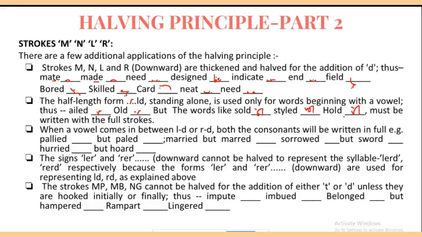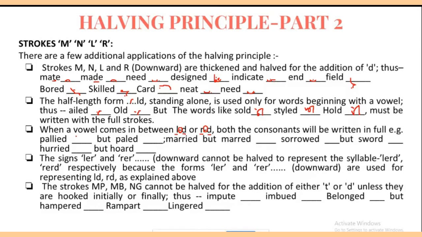When a vowel comes in between L and D, L downward and D, R downward and D, when they are halved, both the consonants will be written in full. When there is any vowel between L and D and R and D, as it is already cleared, when there is a vowel, we need a stroke consonant.